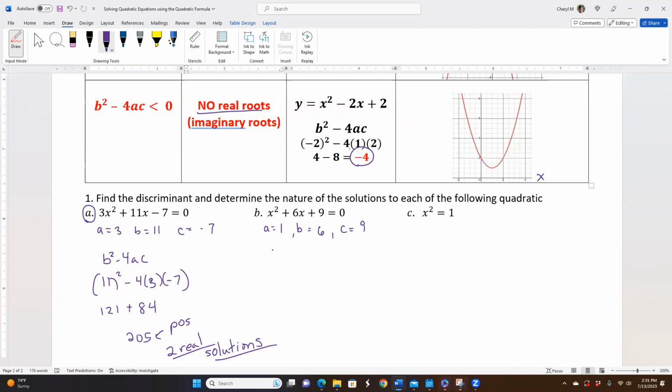And then doing just the discriminant part, we're going to get 6 squared minus 4 times 1 times 9, which will be 36 minus 36, or 0. And when b squared minus 4ac equals 0, then we have one real solution.